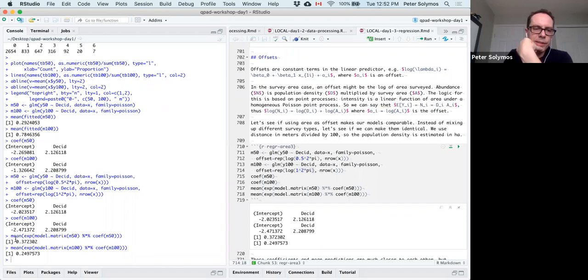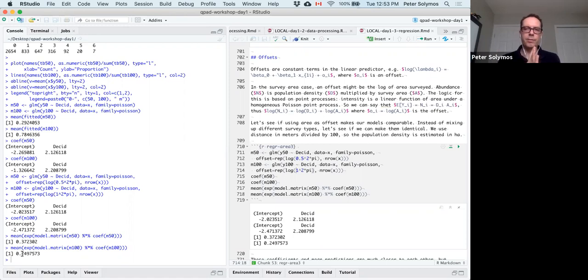Almost. If you see the mean prediction, it is much closer than it used to be. If you look at 0.29 versus 0.78, that's a lot more different than 0.37 and 0.25. So you're getting somewhere. This offset with the known area surveyed is really helpful, although it is not making things exactly the same.